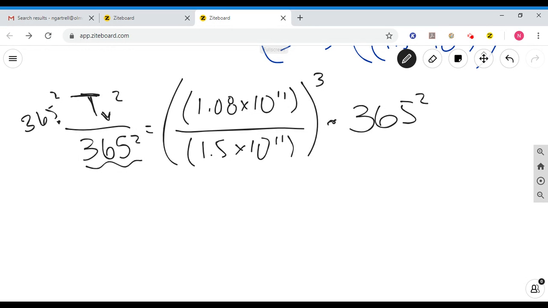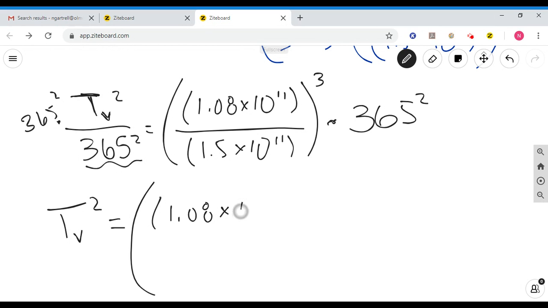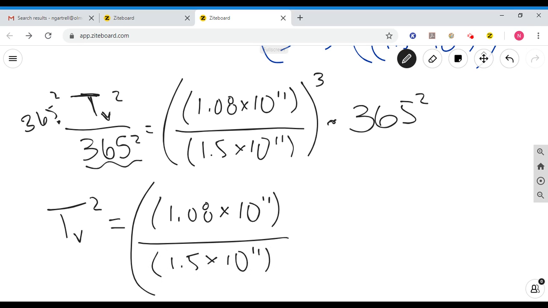Okay, now that I have that, I have t sub v, that quantity squared, equals this whole radius thing times 365 squared. All right, here's where you're going to plug it into your calculator.